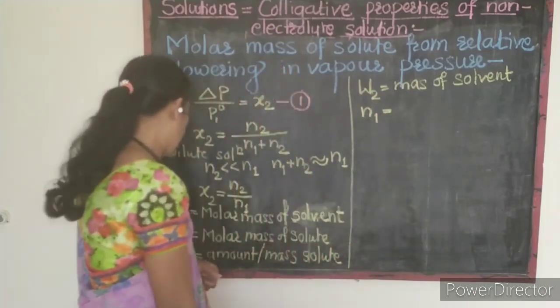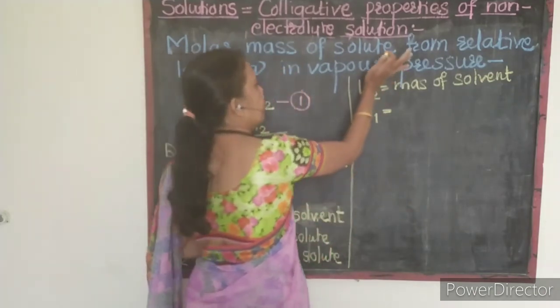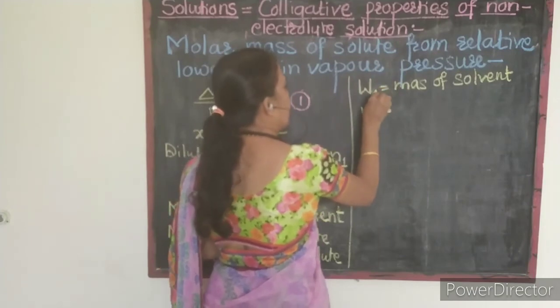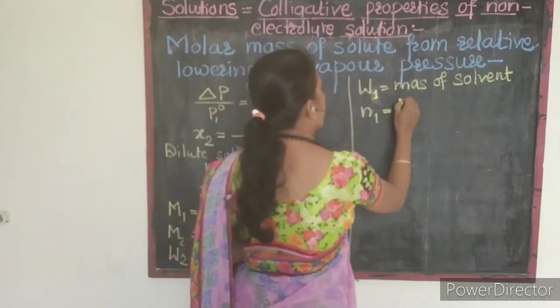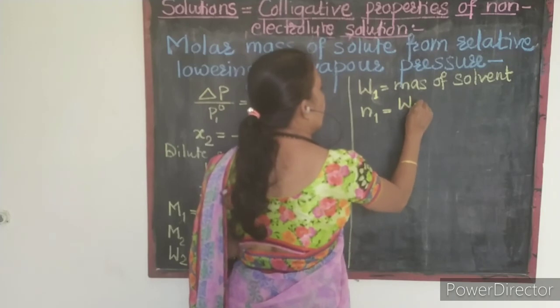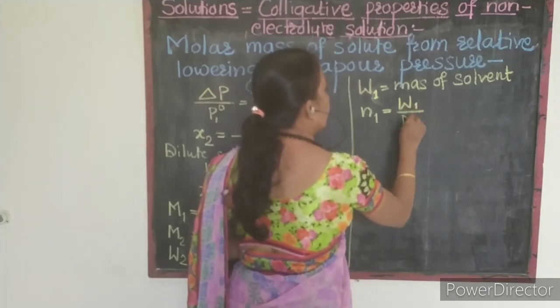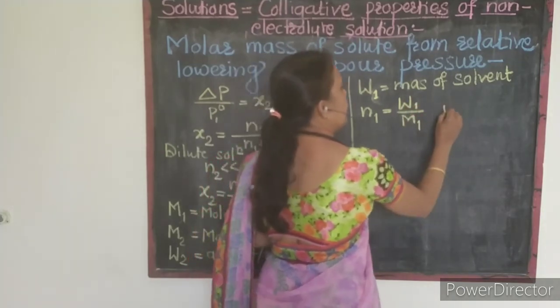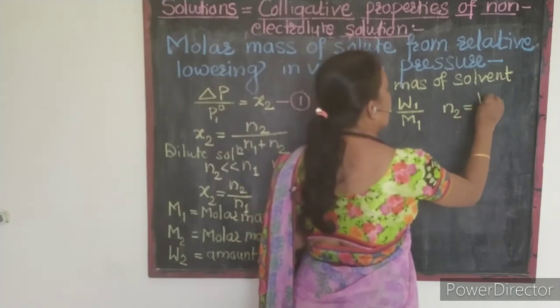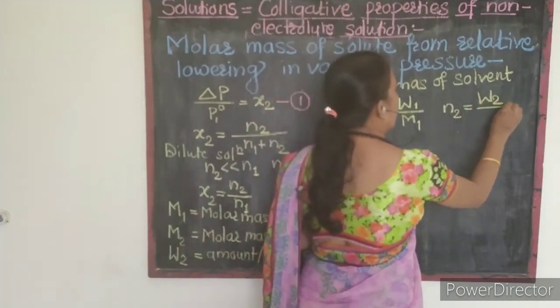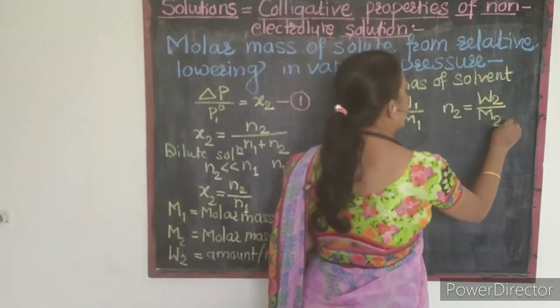What are those values? N1 is equal to W1 divided by M1 and N2 is equal to W2 divided by M2.